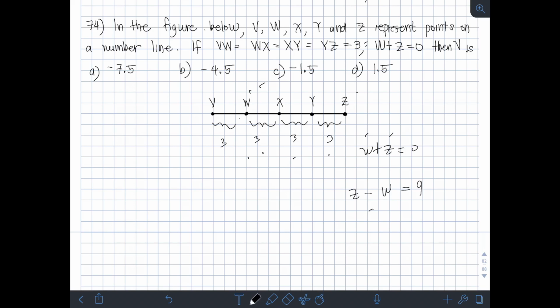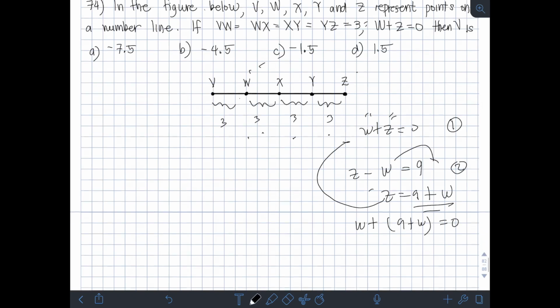So, solve ngayon natin itong coordinates W at Z. So, gamit tayo ng substitution na lang. So, solve ko ngayon itong Z. So, 9 transpose negative W, plus W. Ngayon, substitute ko ngayon itong Z dito sa first equation. So, equation 1, equation 2. So, W plus yung Z, gagawin kong, in terms of W, 9 plus W equals 0.